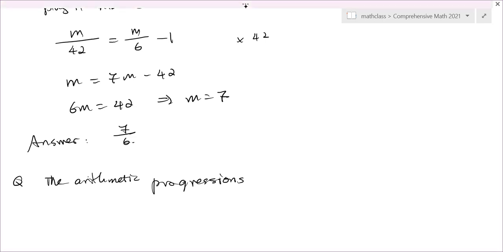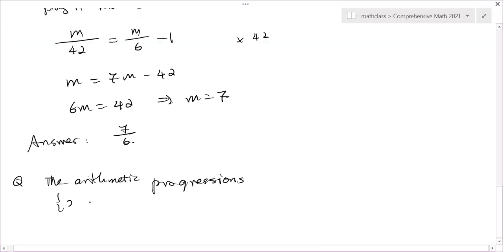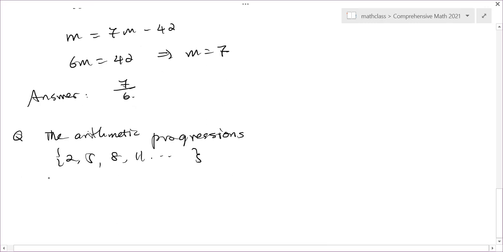Let me write down those two sequences. The first one is 2, 5, 8, 11, like that. Another one is 3, 10, 17, 24.